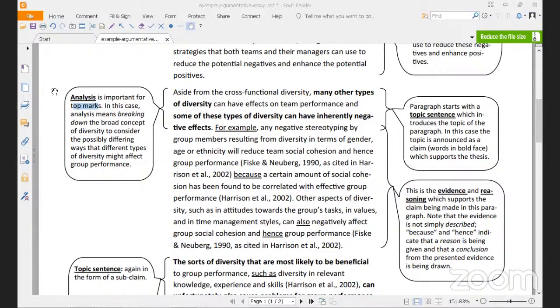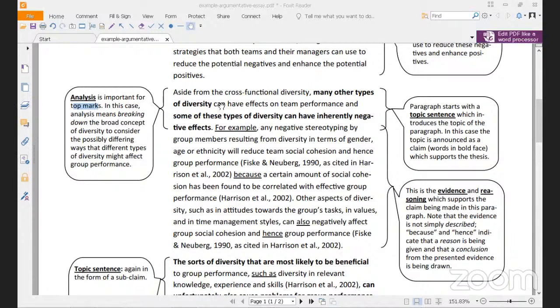For example, any negative stereotypes by group members resulting from diversity in terms of gender, age, or ethnicity will reduce team social connection and hence group performance. Group performance, okay? Hence, group performance.